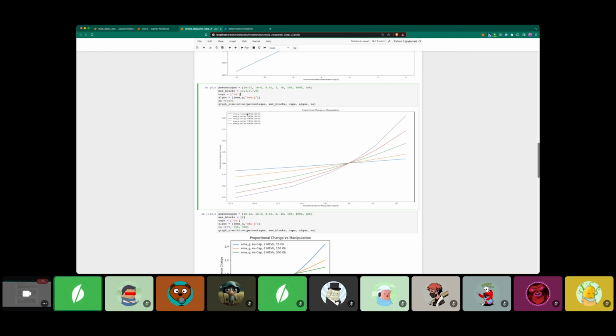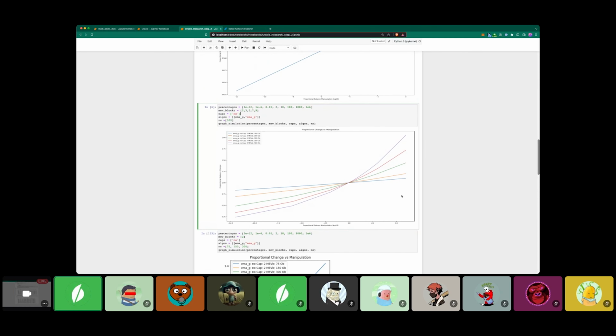and we're varying the amount of blocks that the MEV occurs over, and looking at how that affects the manipulation. So for instance, you can see with a 2-block manipulation, it's something like 5%, but in a 9-block manipulation, we're looking at well over 100%. This is proportional change, so 2 is 100%.